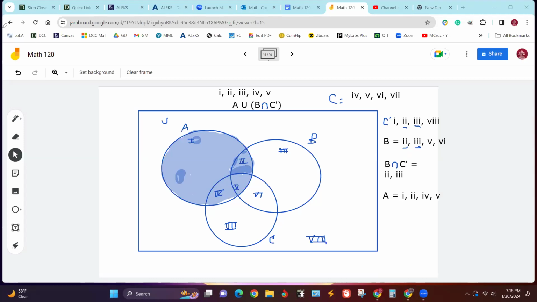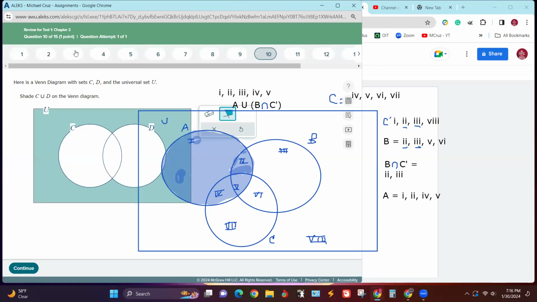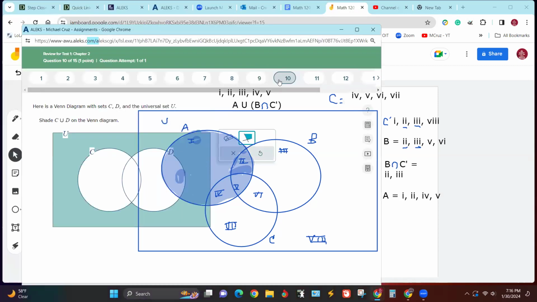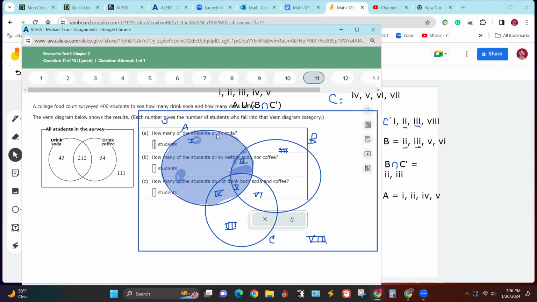All right, so what else is in that review? I hate to erase that. It's nice, so I'll leave it over there for me. And you can say what you might like to see. This one gives you the Venn diagram and you're answering questions about it.